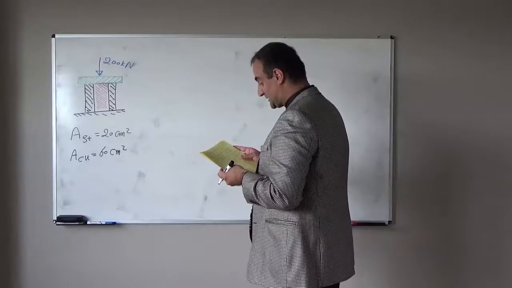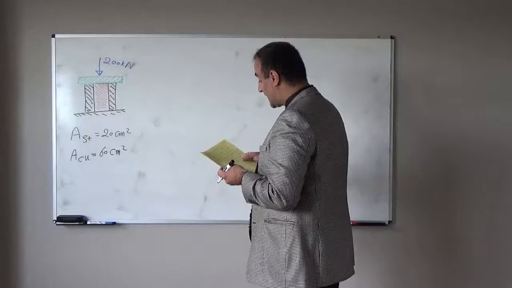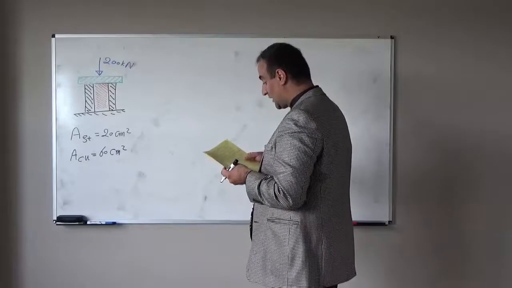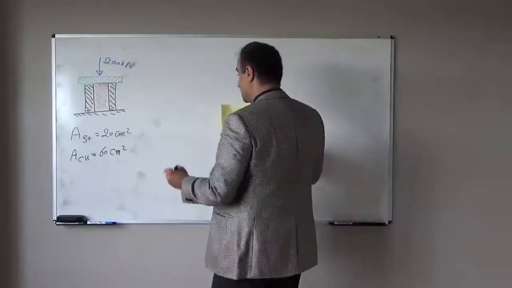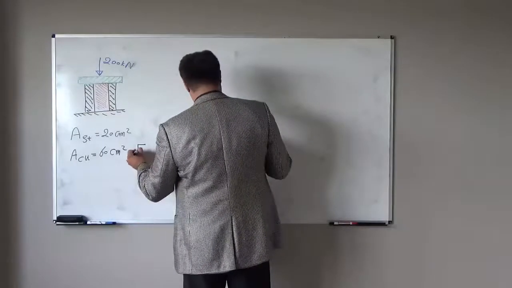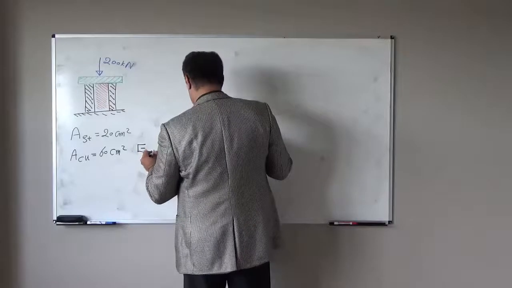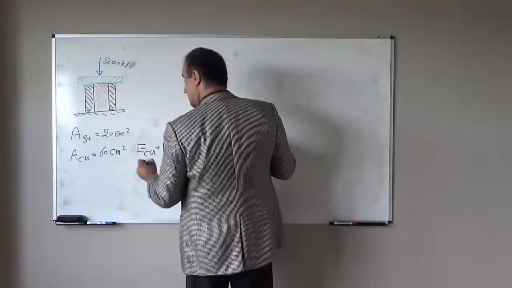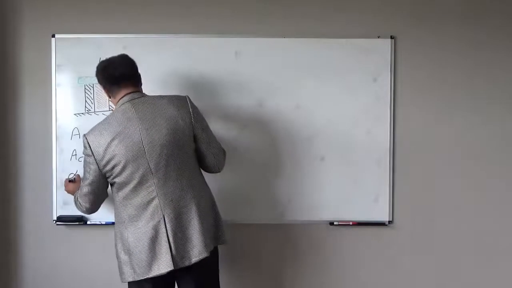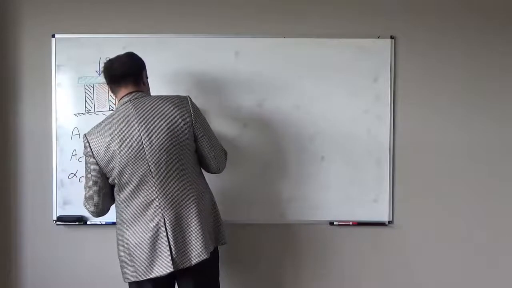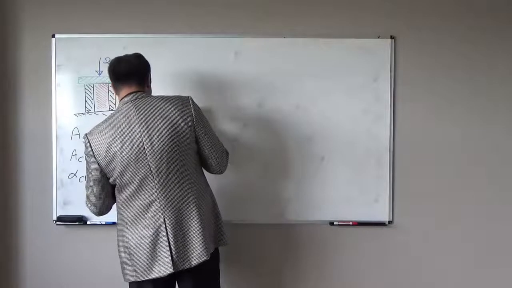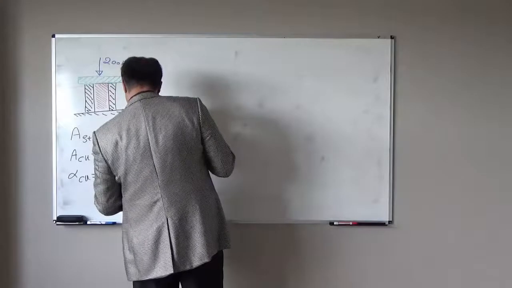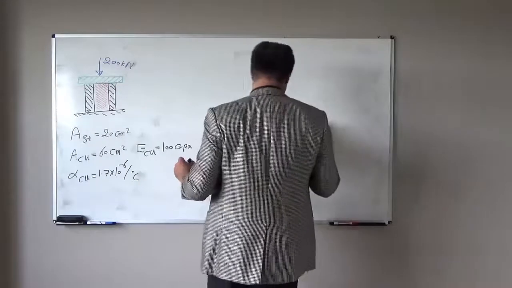Determine the temperature rise of the entire assembly required to place all the load on the copper. Young's modulus for copper is 100 gigapascal, and the thermal expansion coefficient for copper is 1.7 times 10 to the power of minus 6 per degree Celsius.